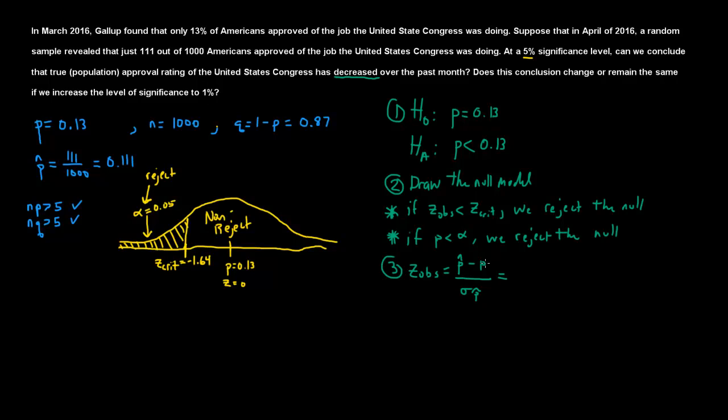So let's go back over here and calculate the standard deviation of this sampling distribution. So, sigma sub p hat. Oh, you know what? Let me change that notation. Well, that's fine.